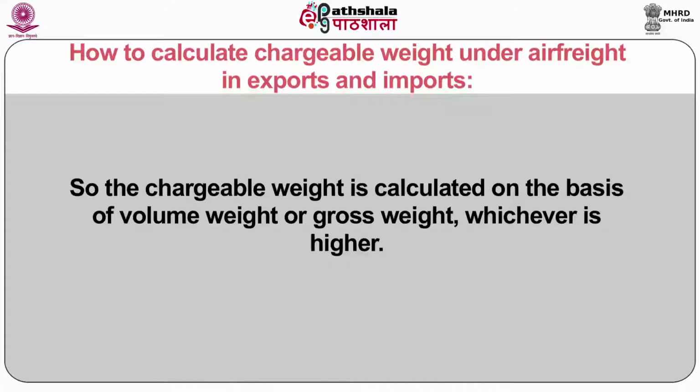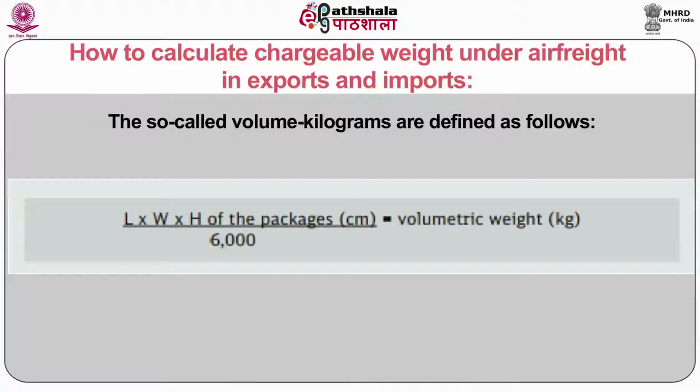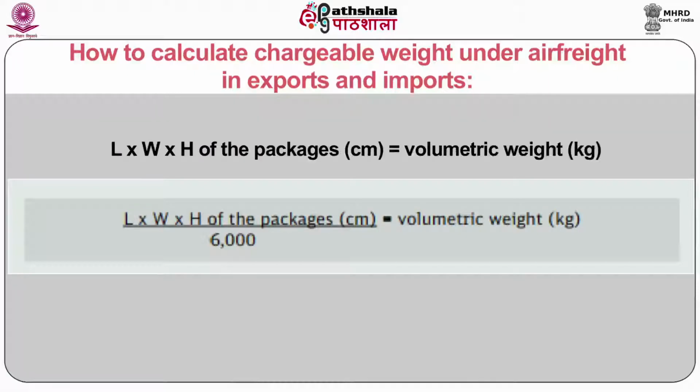So, the chargeable weight is calculated on the basis of volume weight or gross weight, whichever is higher. Then the result is rounded to half or full kilograms. In the case of several packages, the results are first added and then rounded. The so-called volume kilograms are defined as follows: length into width into height of the package divided by 6000 equals volumetric weight per kg.